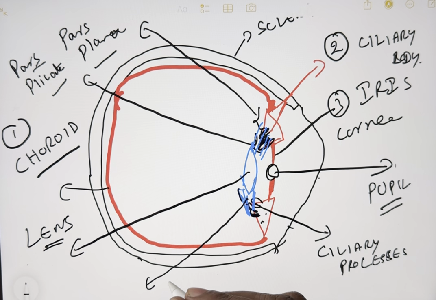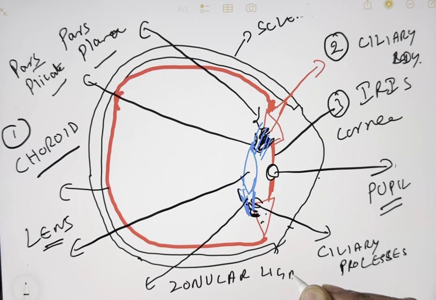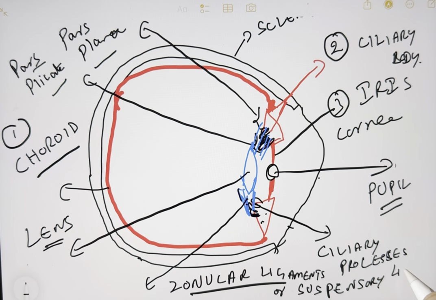Those ligaments are known as zonular ligaments, zonular fibers, or suspensory ligaments.